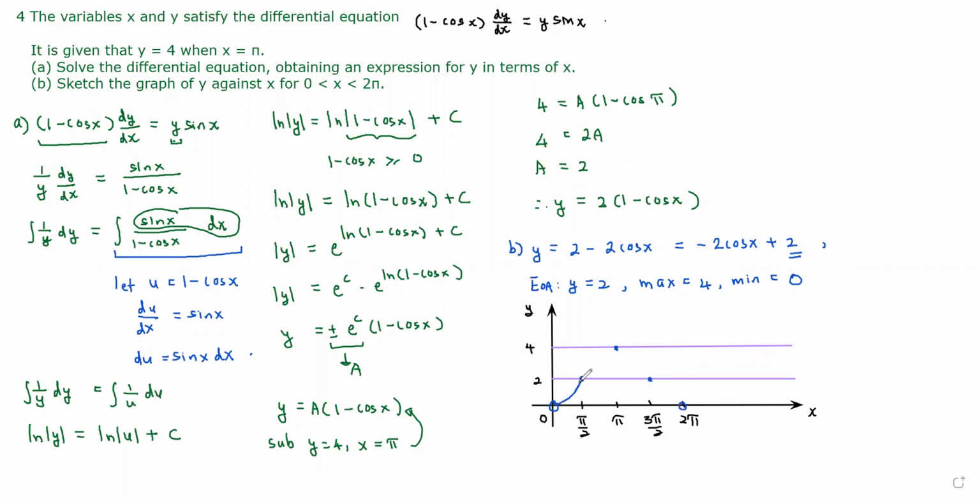So we can sketch the cosine function. And we use a hollow dot here because that will indicate that x is between 0 and 2 pi, excluding 0 and 2 pi.